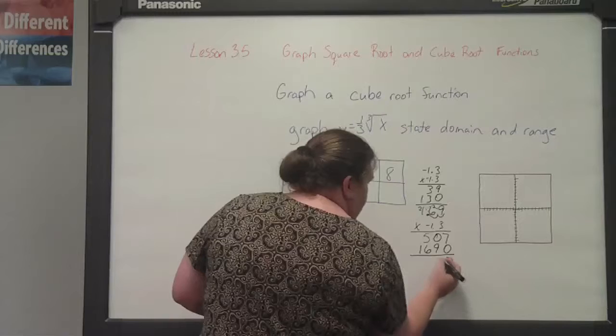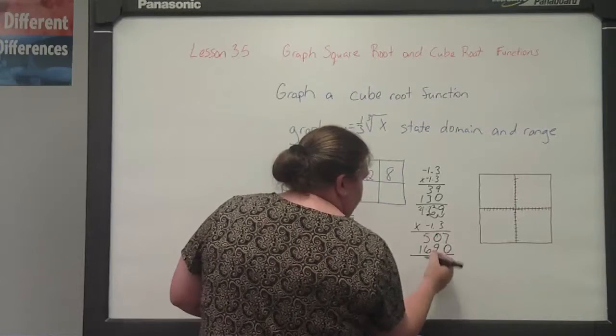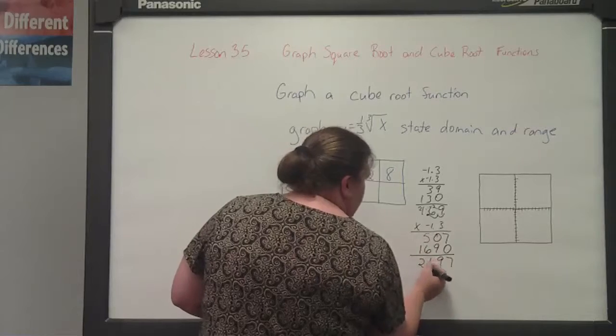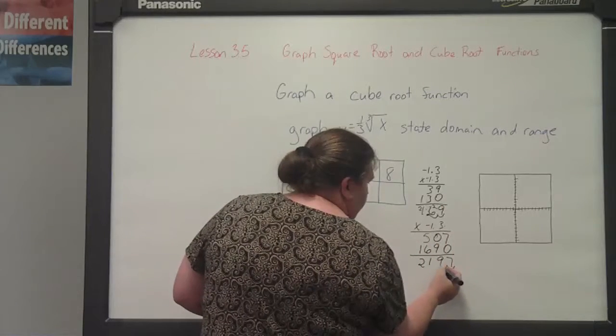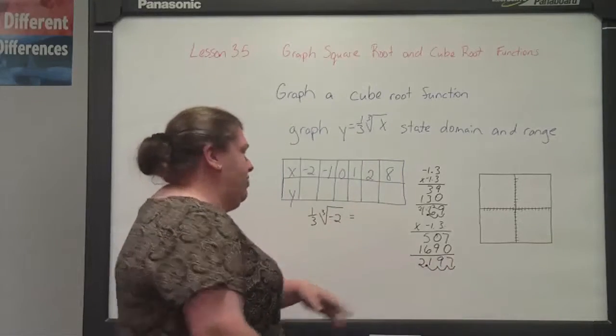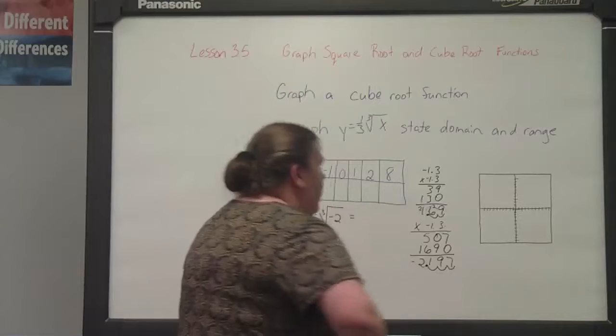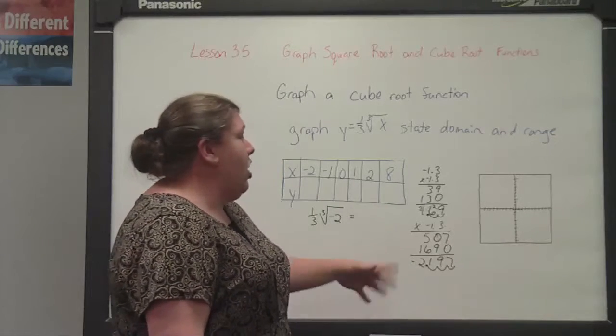So I have 7, 9, 5 plus 6 is 11, carry the 1 and 2. And I have 1, 2, 3. So I have to start here, 1, 2, 3 decimals. So as you can see, a -1.3, and this is negative now, cubed is actually a little bit over 2.